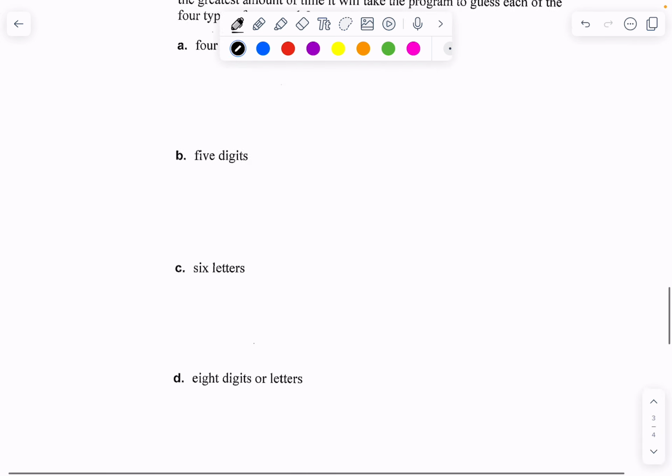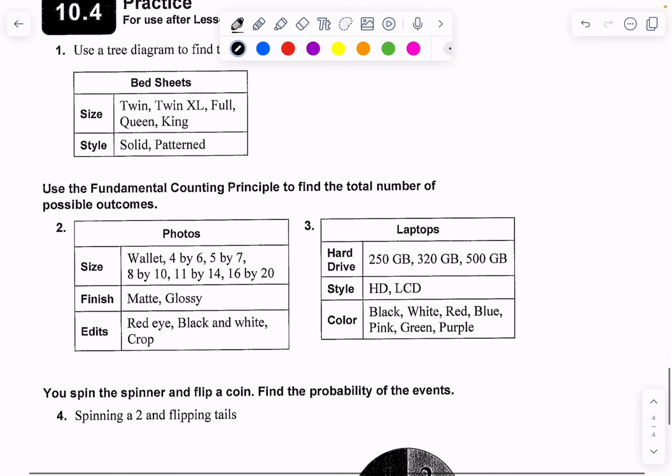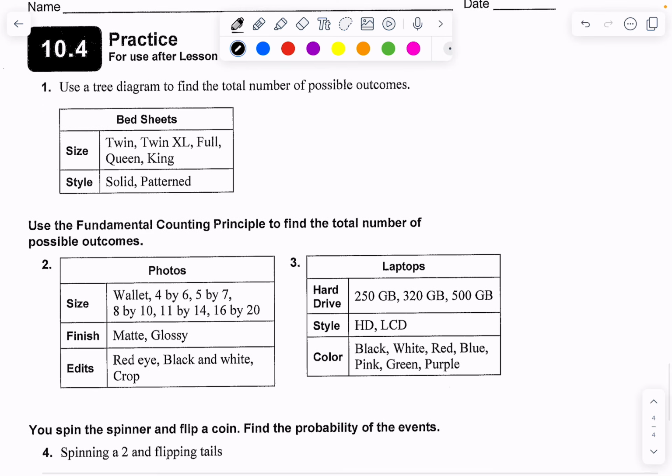So let's look at how we can actually use this with some other types of examples. So here, let's say we're ordering some bed sheets. We can get them in 5 different sizes: twin, twin XL, full, queen, or king. And then the style, I can either get them solid or patterned. So there's 2 possible styles.